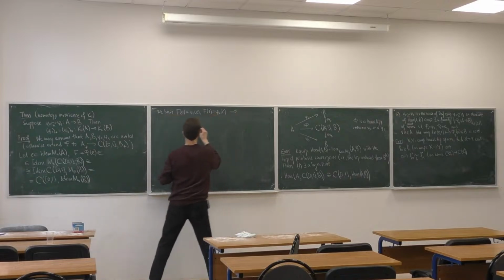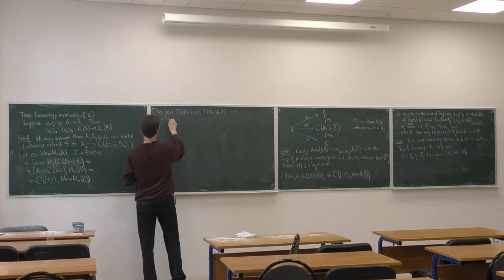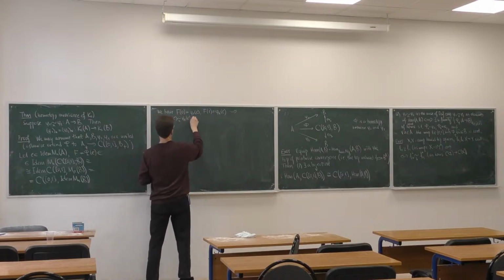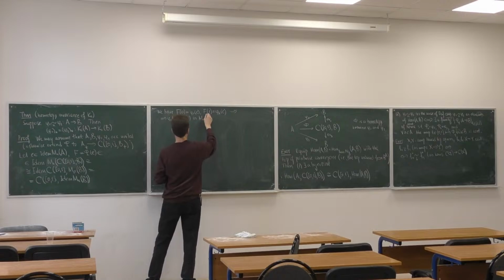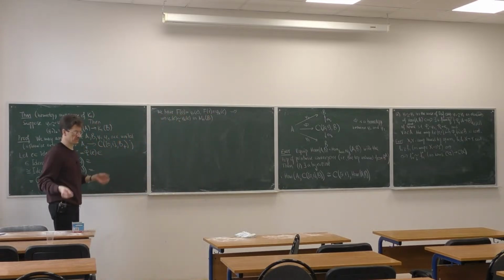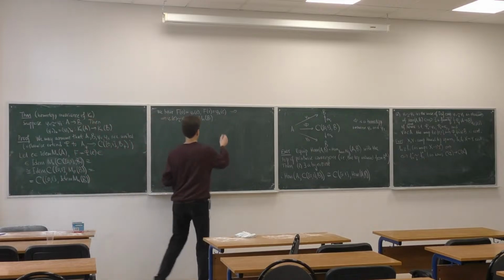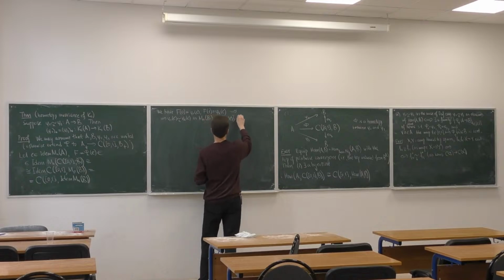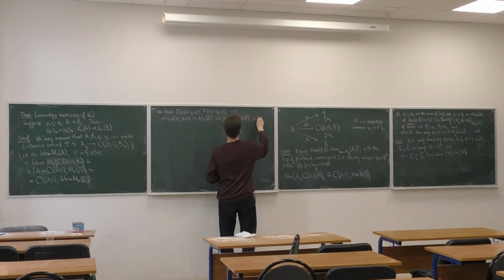So we deduce that they are homotopic. Phi 0 of E is homotopic to phi 1 of E in Mn of B. But we know that homotopic idempotents give us the same element of the K0 group. So the respective elements of K0 are the same, in K0 of B.